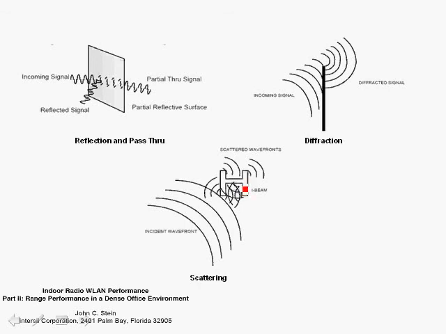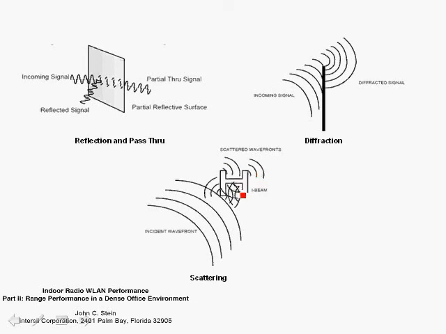Another source of multipath is scattering. Here an I-beam is shown, and as the incident wave impinges on the I-beam, you get currents generated within the I-beam, and each one of those radiates out another wavefront.